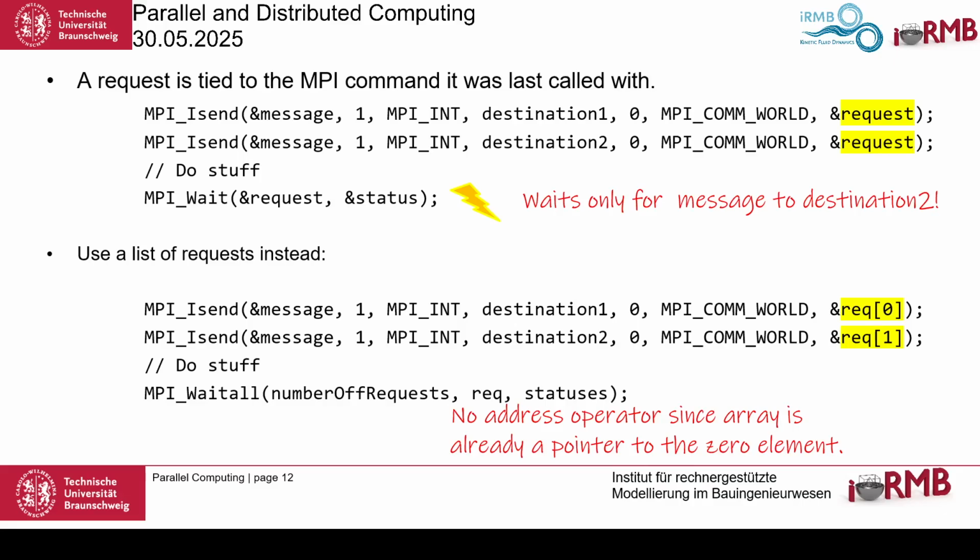So in previous years, I noticed that this waiting and the requests led to several confusions. This was one of the main mistakes that I found in the homework: waiting in the wrong way.